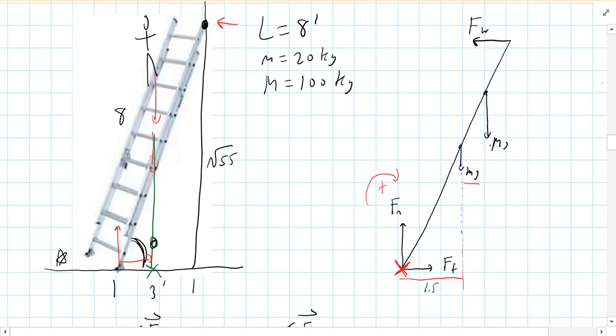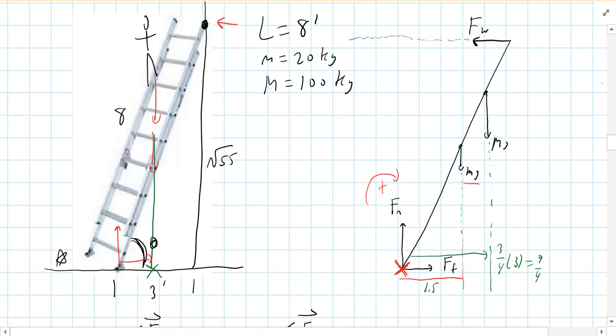And then the same thing with my weight, or my normal force, which is equal to my weight. I am 3/4 up the ladder, so this is going to be 3/4 of 3 feet, which will be 9/4. Those are the two perpendicular lever arms. Now, the force of the wall is a little tougher. That line of force goes left and right here, horizontal.